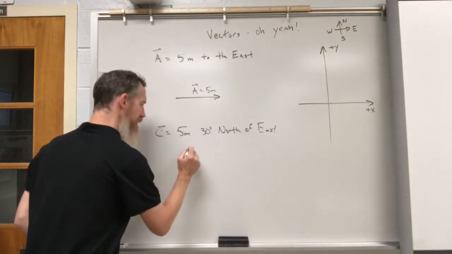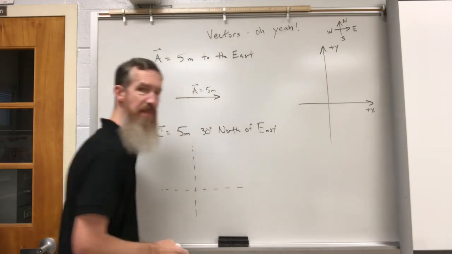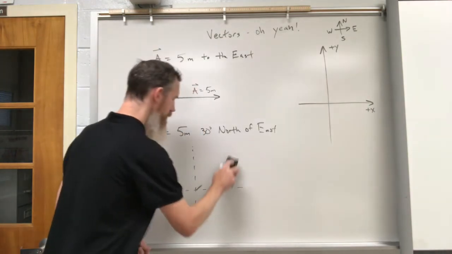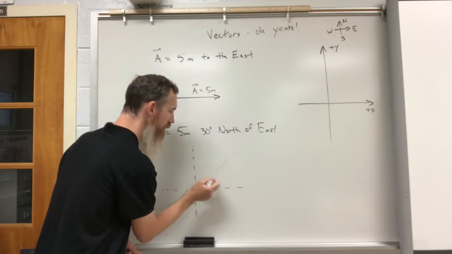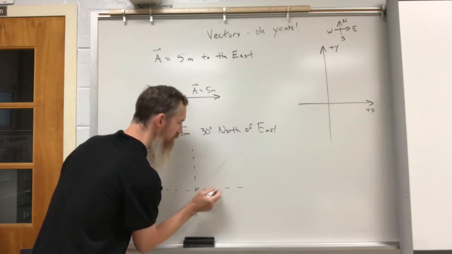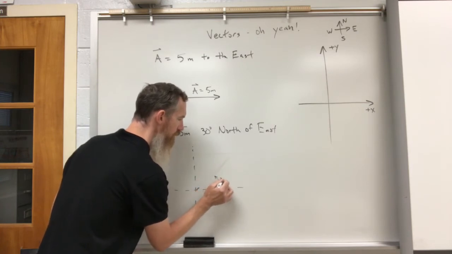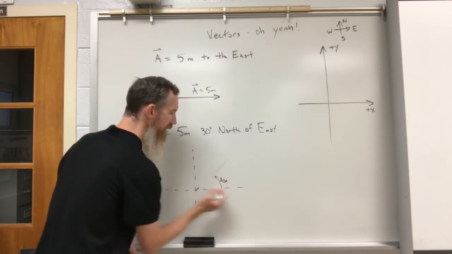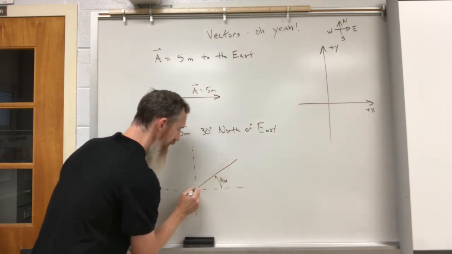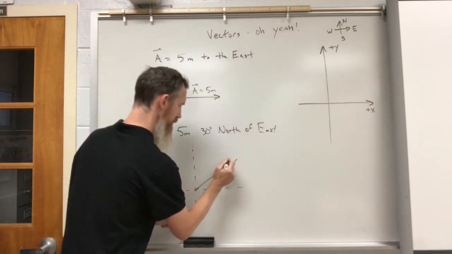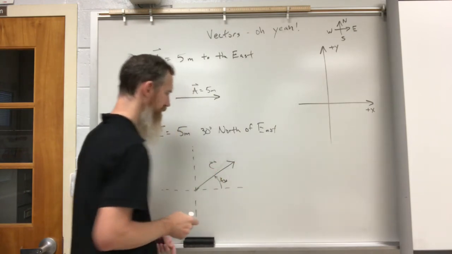So if I put an imaginary coordinate plane here, we're going to go 30 degrees north of the east axis. So we're going to sweep upward 30 degrees north from the east axis. And we'll draw our arrow. We have to use our appropriate scaling, so hopefully it's about the same length. I can probably call it right here. And I'm going to call this vector C.